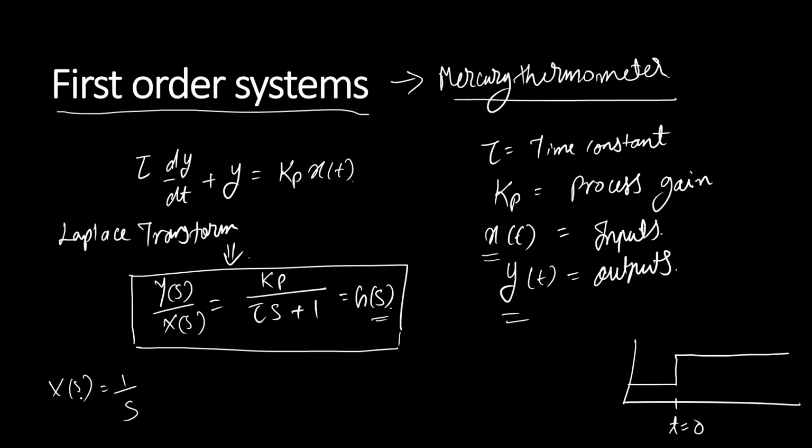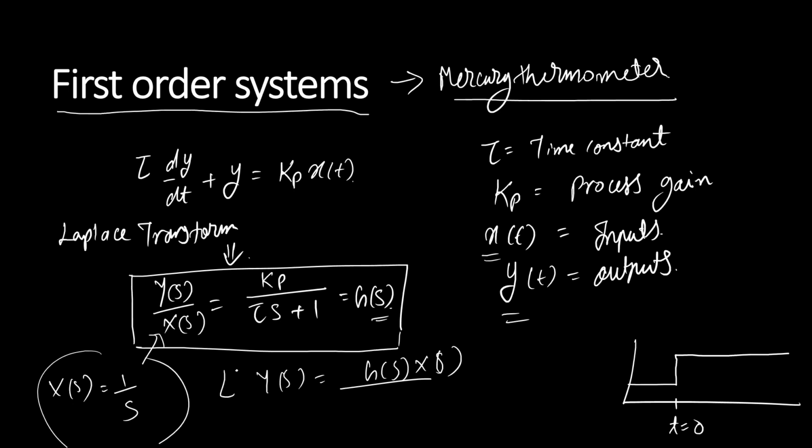Here we consider a unit step input, so X(s) is equal to 1 upon s. Then we get Y(s) as G(s) into X(s), and we can take the inverse Laplace of this equation to find the solution in the time domain.